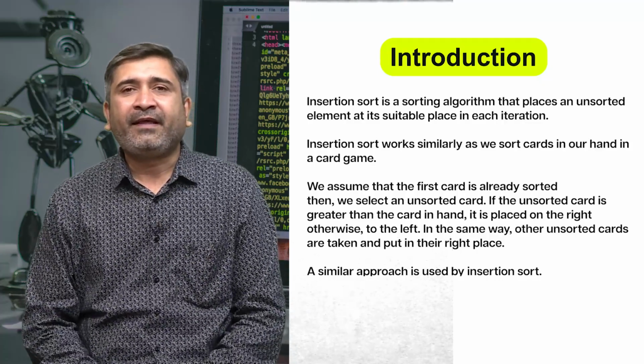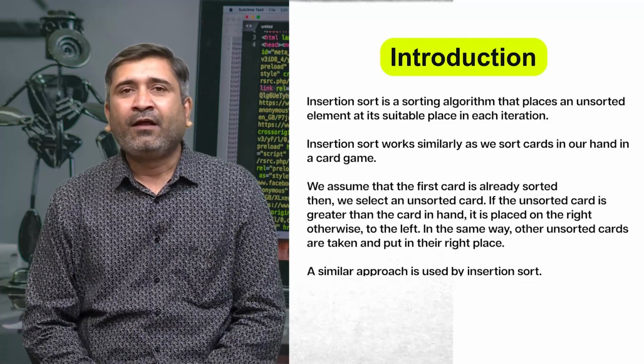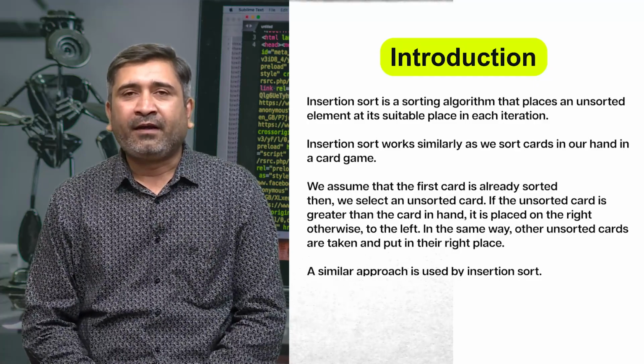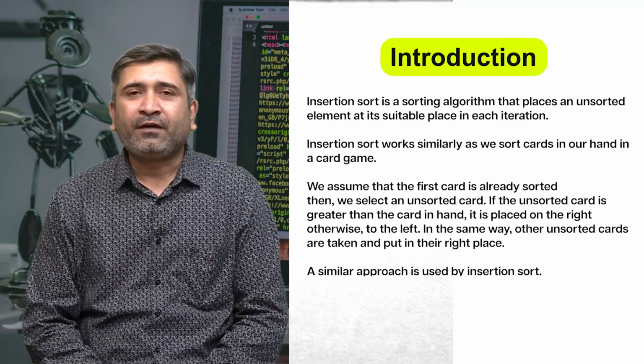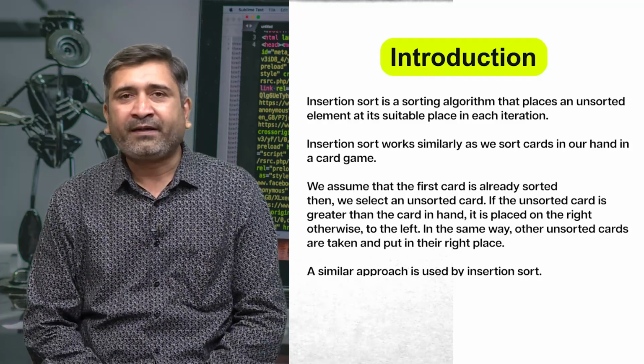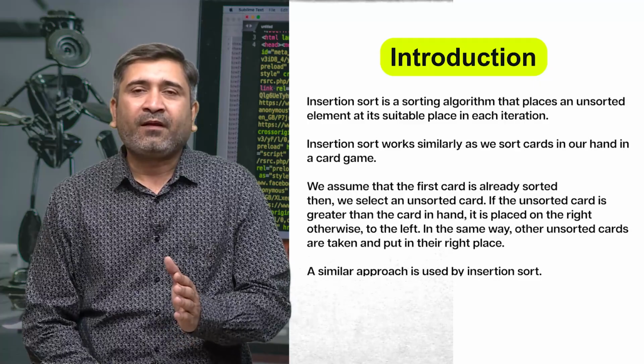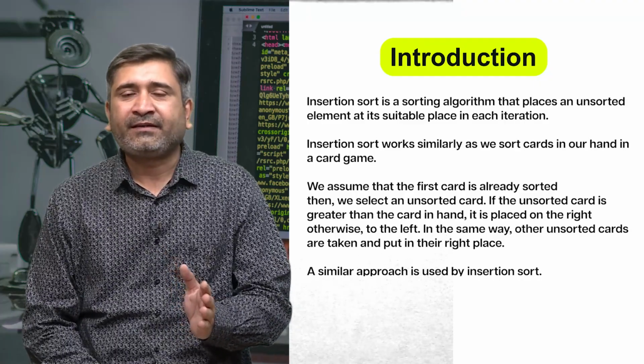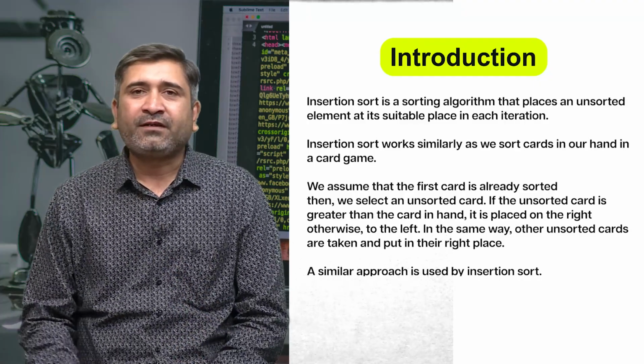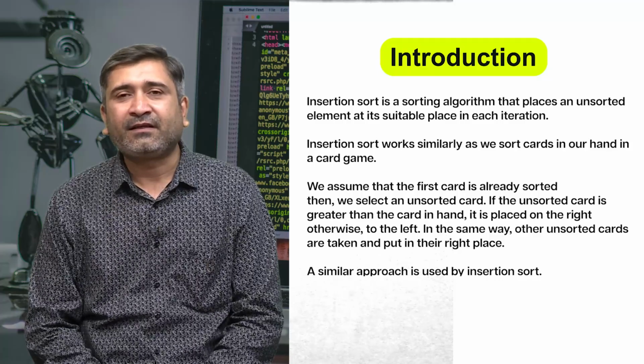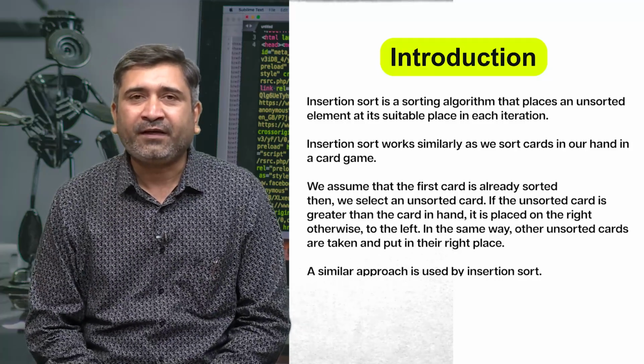Whenever we take any example of an array of playing cards or any list, we divide it into two parts. The first element is considered the sorted part, and the rest of the array or list, to the right, is considered the unsorted part.